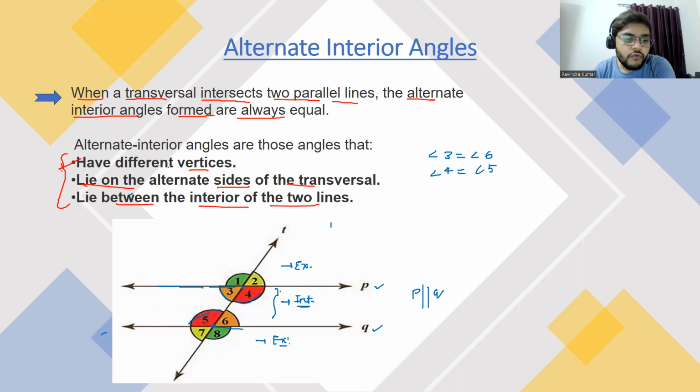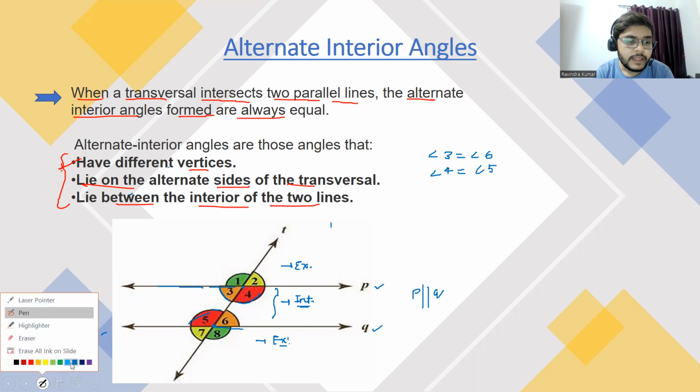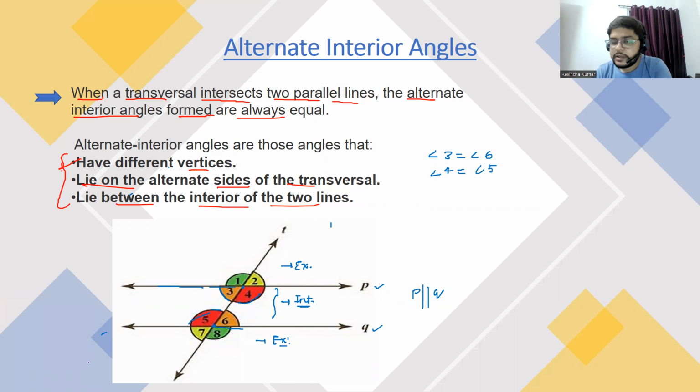In layman's language, when alternate angles are formed, there is a formation of the letter Z of the alphabet. When we try to form a letter Z, it will look like this, right? So the angle from here will be equal to this one.